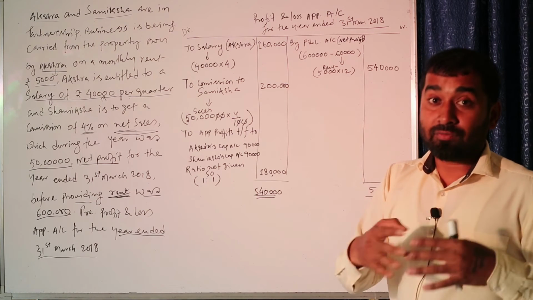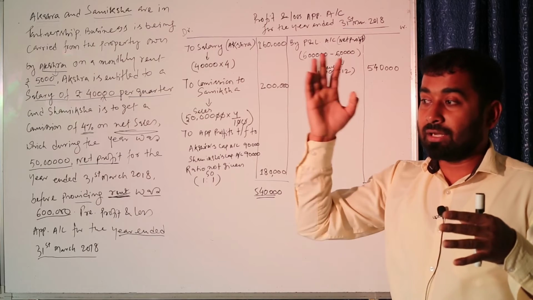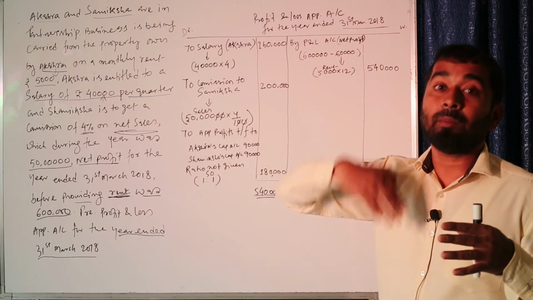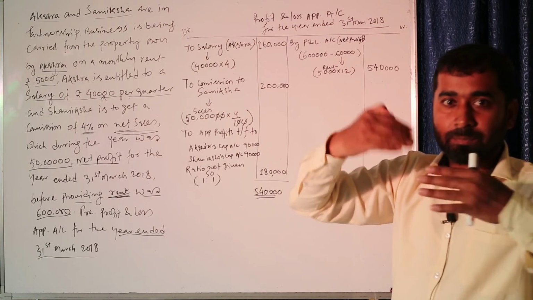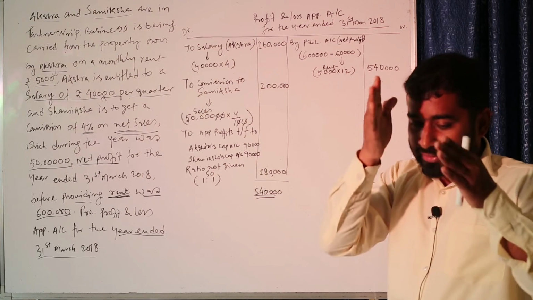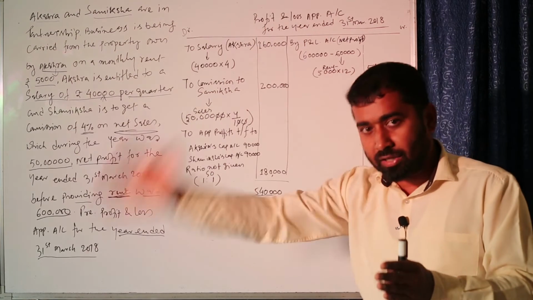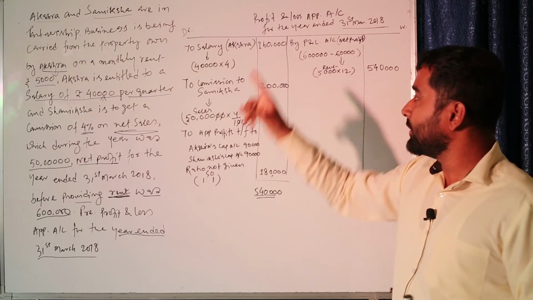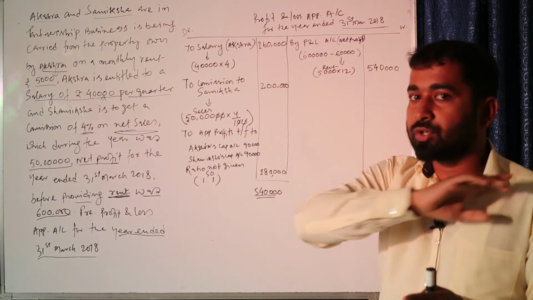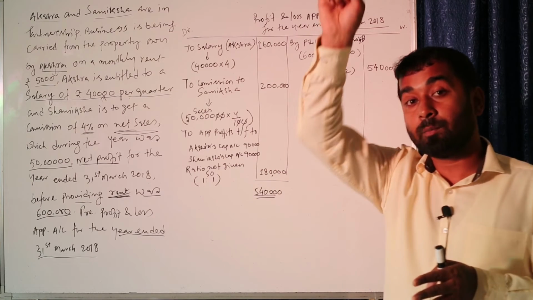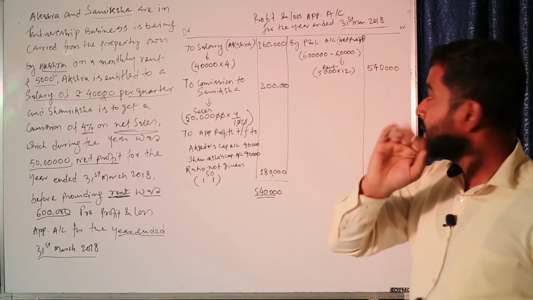Any income that the firm gets from outsiders, not related with partners, will not be entertained here. Only the relation between the partners and the firm, any money transaction, will be entertained here. The remaining income and expenses will be part of the profit and loss account.